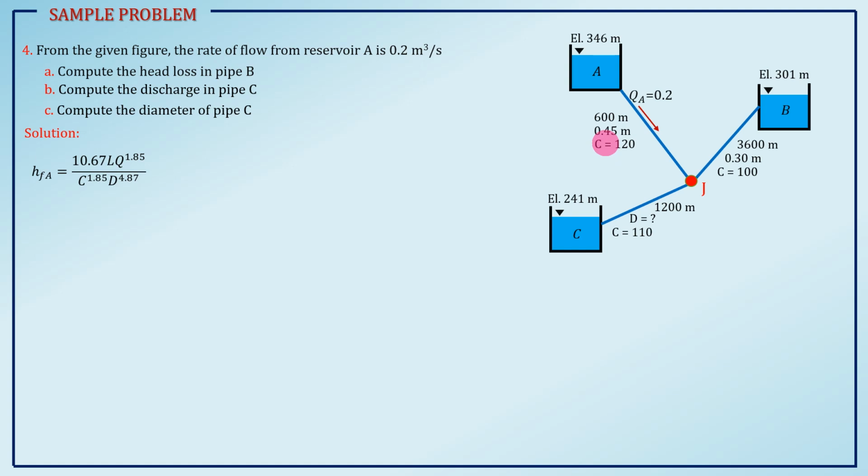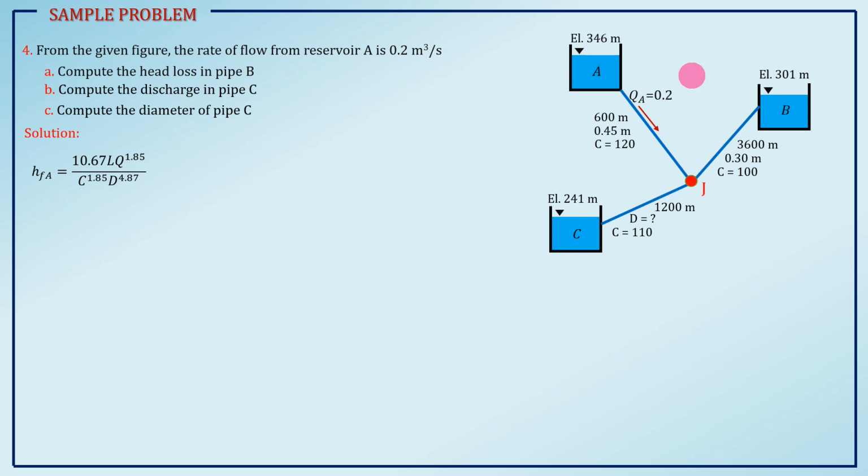So, the equation we will use here is Hazen-Williams. Recall the equation: 10.67 L Q raised to 1.85 over C raised to 1.85 D raised to 4.87. If we know the head loss at point A, we just subtract it from the elevation at point A, and you will know the position of J prime.